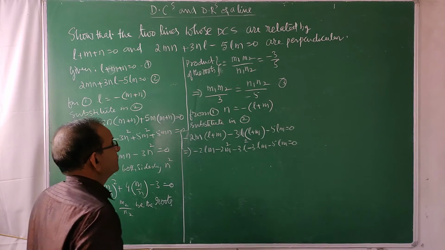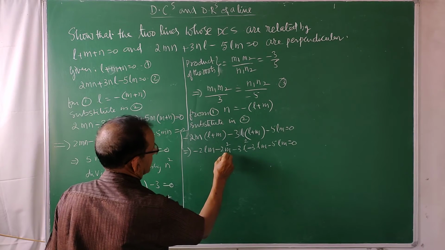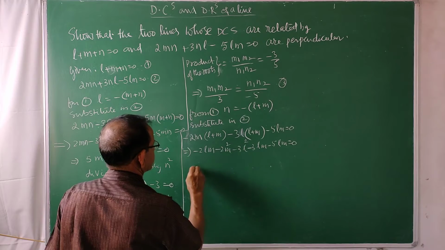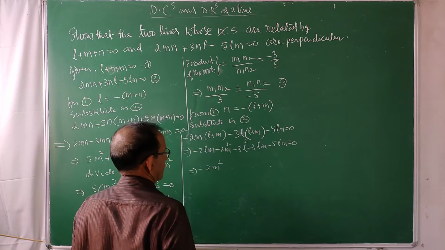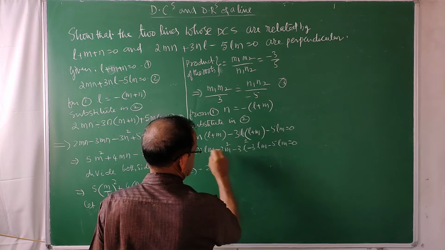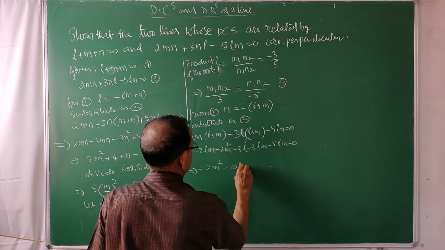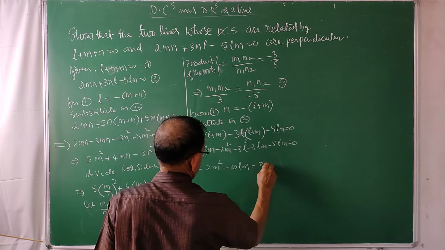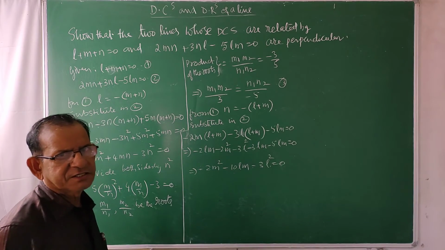Now, from this you can write minus 2m square, and minus 2lm minus 3lm minus 5lm, that is minus 10lm, and minus 3l square. To avoid the minus sign, multiply both sides by minus 1.